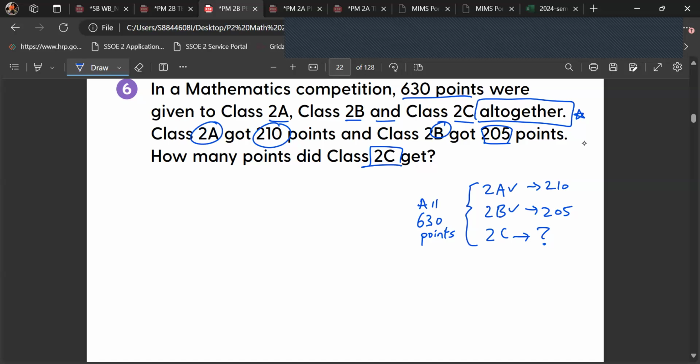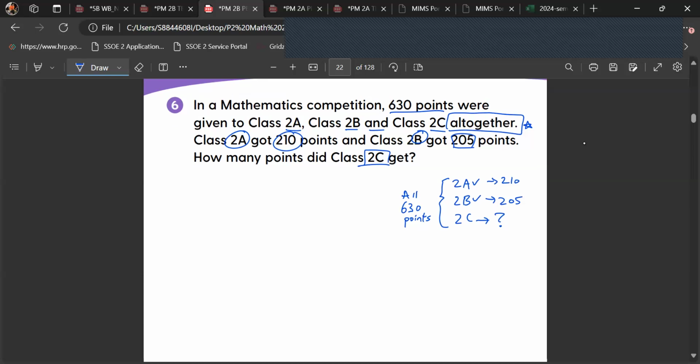So I don't know what is C. So actually, there are two ways to draw the model. One is like how Indian draw. He draw 2A, then 2B, and 2C, but not sure how many. Also, don't know longer or shorter. Maybe about like that.